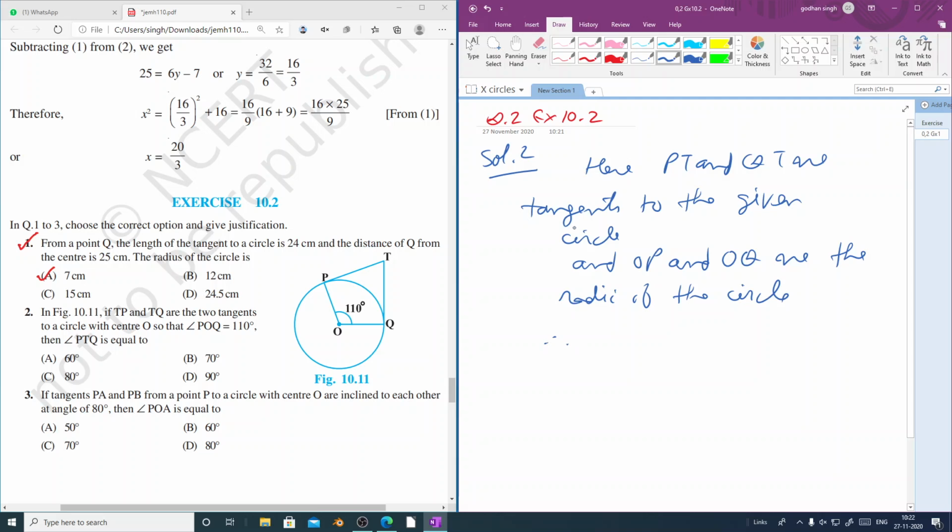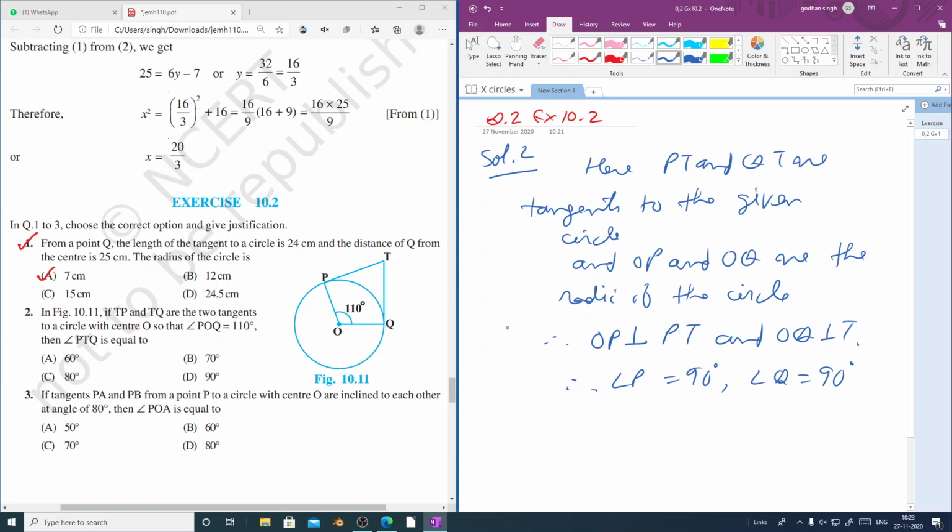Therefore, we know that the tangent is always perpendicular to the radius at the point of contact. Therefore, OP is perpendicular to PT and OQ is perpendicular to QT. Therefore, we can say that angle P equal to 90 degrees and angle Q equal to 90 degrees.